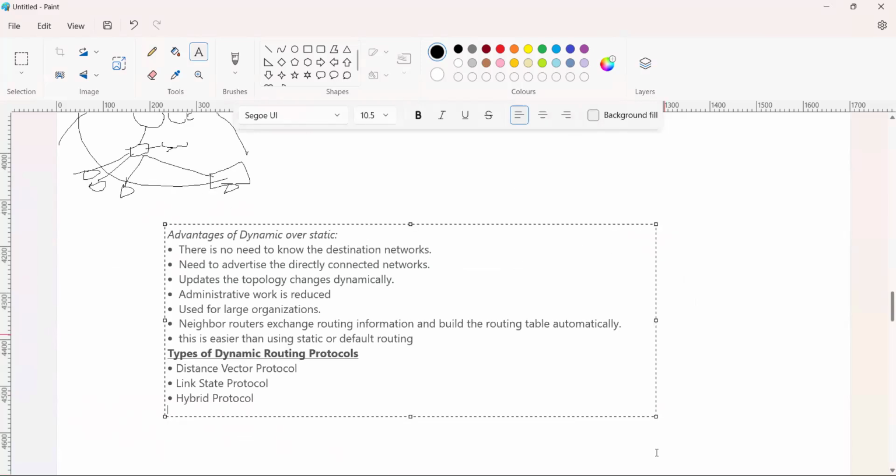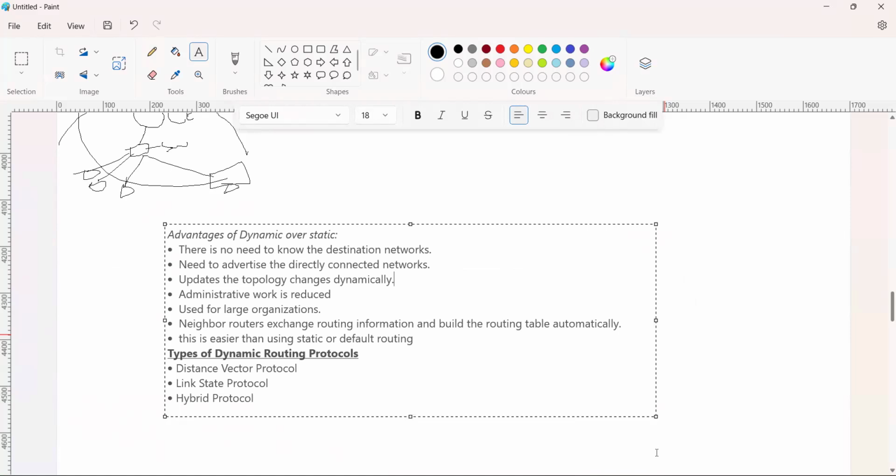There is no need to know the destination IP address. You only need to advertise the directly connected networks. It updates topology changes dynamically.